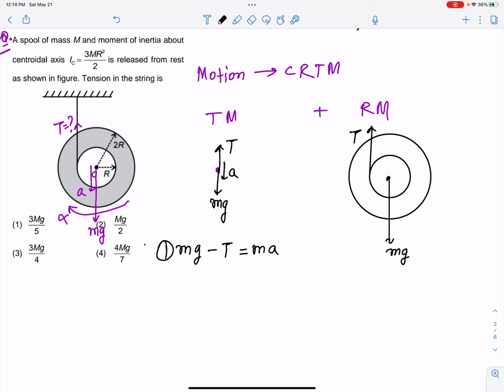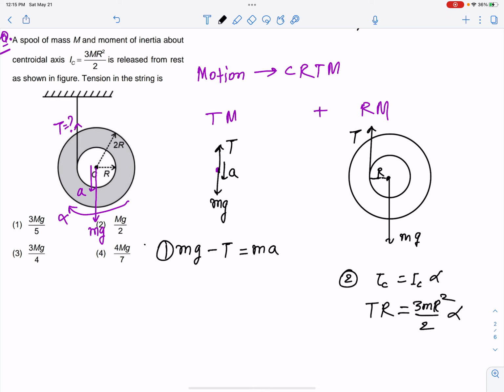About the center, the torque of mg will be 0, and the torque of the tension will be T times r, since the perpendicular distance is r. So we write tau c equals IC alpha, giving TR equals 3mr²/2 times alpha.